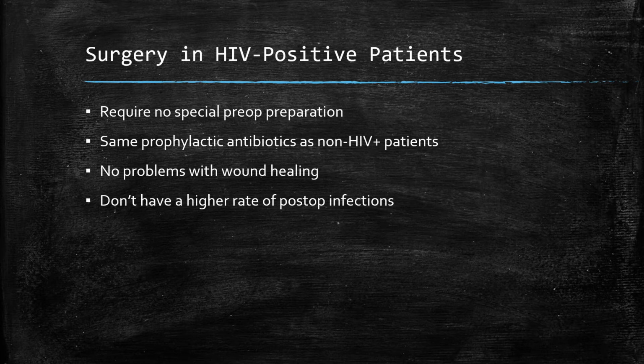As far as doing surgery on HIV-positive patients, surgeons just need to take common sense precautions to protect themselves and their team. As far as the patients go, they require no special preoperative preparation, and we use the same prophylactic antibiotics as we would in a non-HIV positive patient. HIV positive patients have no problems with wound healing, and they don't have a higher rate of postoperative infections either.